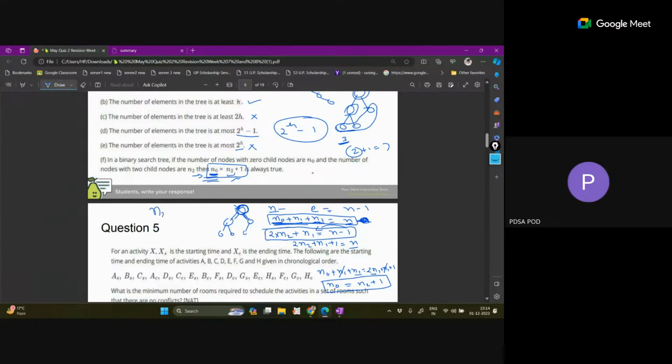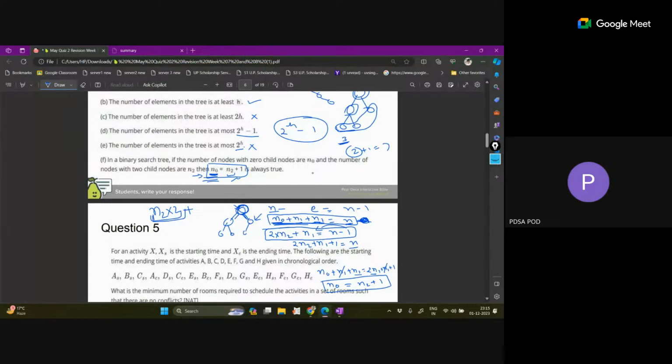So n2 into 2 represents the number of edges connected to the nodes with 2 children. Then the other edges come from the nodes connected with 1 child. Like this second node, it is connected with 1 child below it.